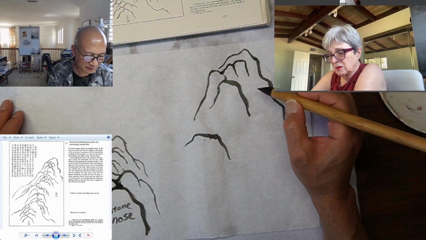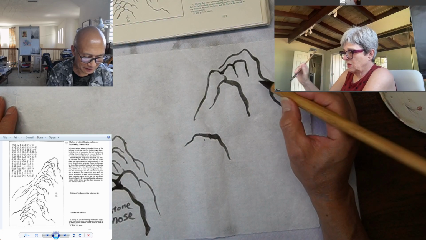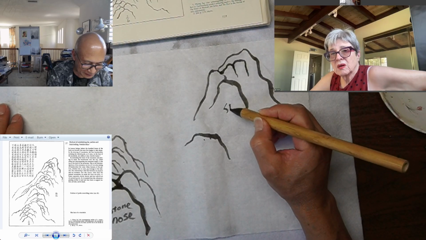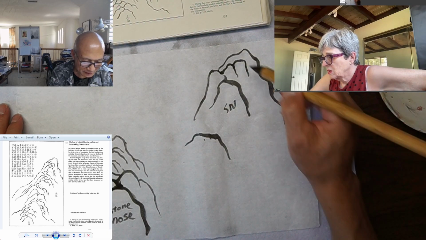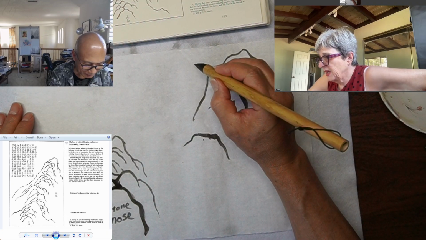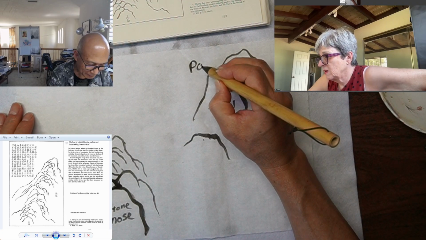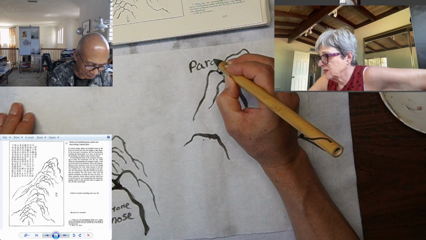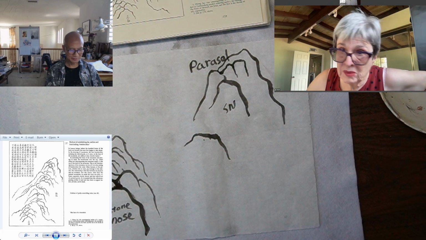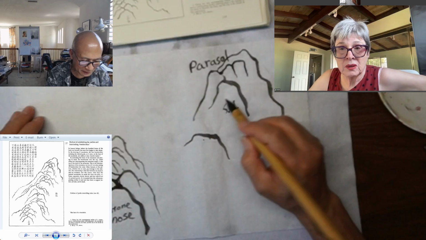This is the top of the skull. If this is the head, this is the stone nose, and this is the parasol. How do you spell that for me, please? Parasol. Okay. So stone nose and parasol.